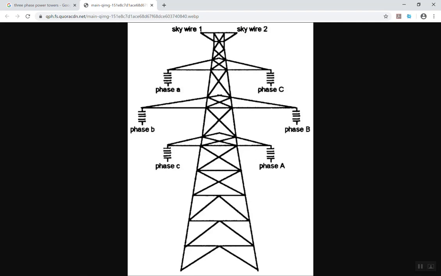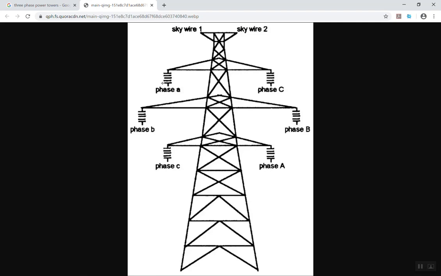And so phase A, B, and C could be 0 degrees, 120, 240, and there's a reason why you flip the phases here. I'm not going to go into that. And these sky wires, this is going into more detail that you would cover in a different course. These sky wires are actually grounding wires and are necessary for safety and for being able to transmit the power.